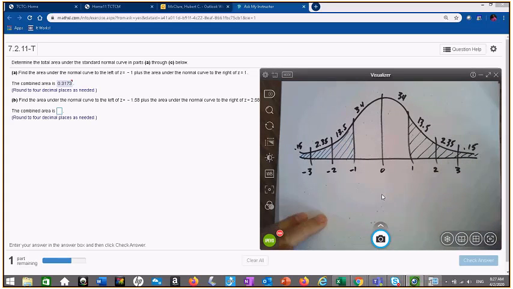Now, we can do this by the empirical rule. That's not what they're wanting. But we're going to do it by the empirical rule because we want to check our answer.